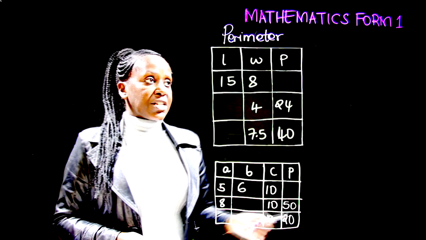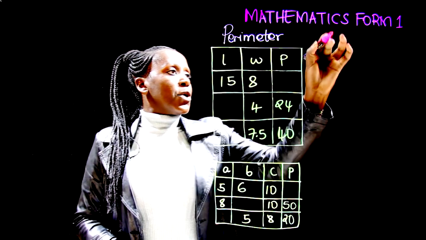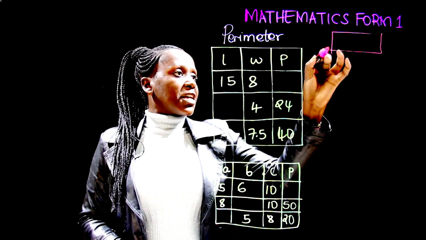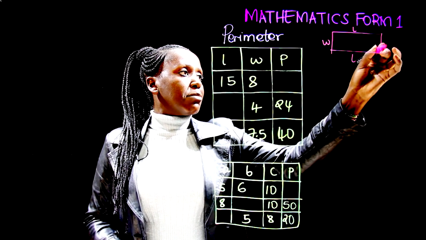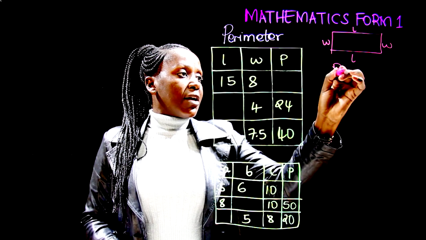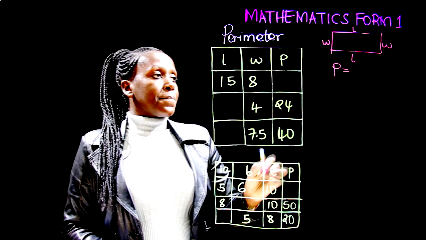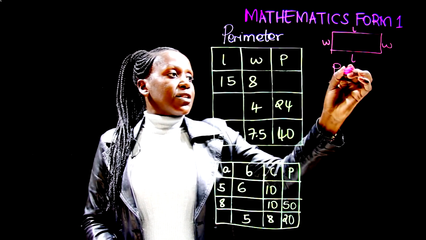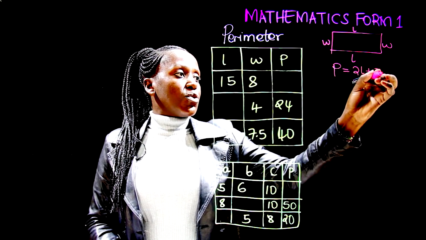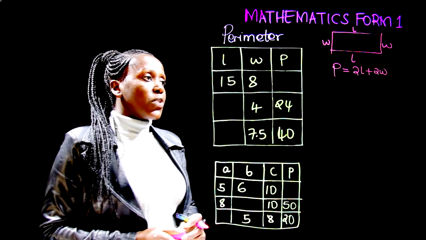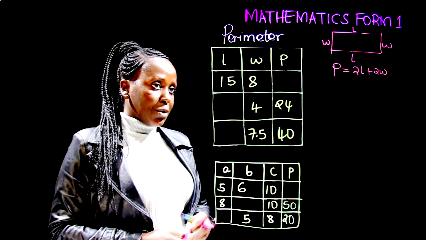So in the case of rectangles, we know that if this is a rectangle and this is L, L, W, W, the perimeter will be equal to adding the two lengths. So we have 2 lengths plus 2 widths, okay? 2L plus 2W.